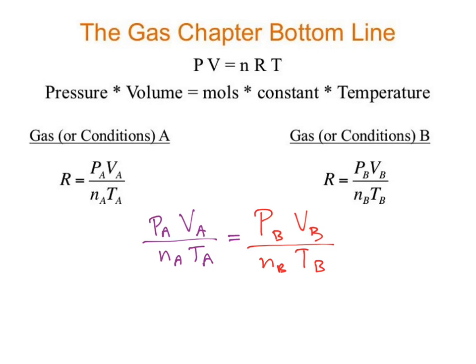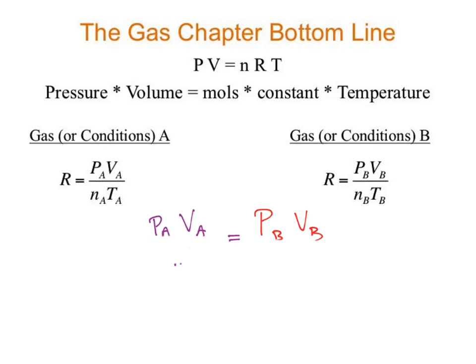How is that hidden in here? Well, if we look at the pressure and volume situation, what are we saying is happening to the number of particles and the temperature? They're staying the same. So that means Na equals Nb. So what happens? They cancel out.